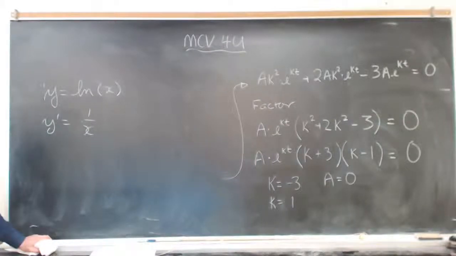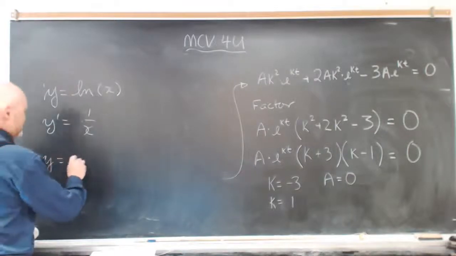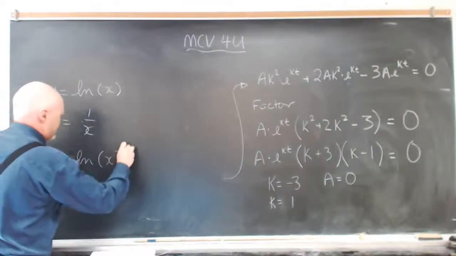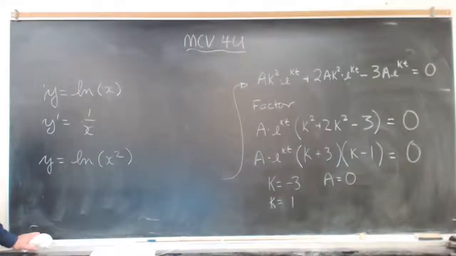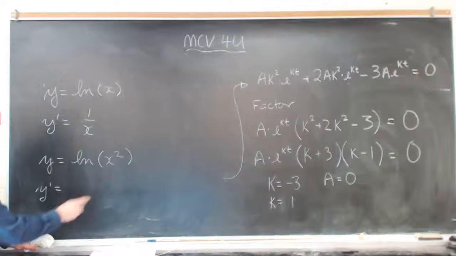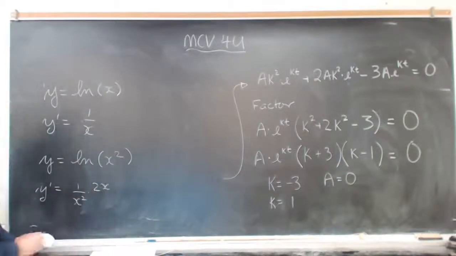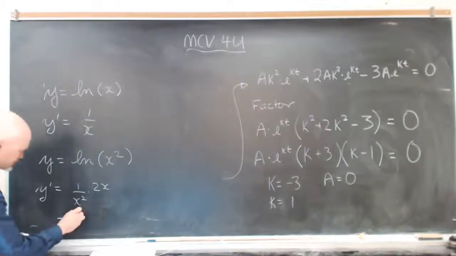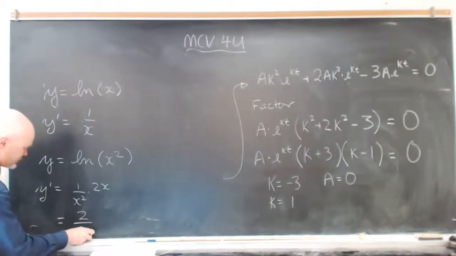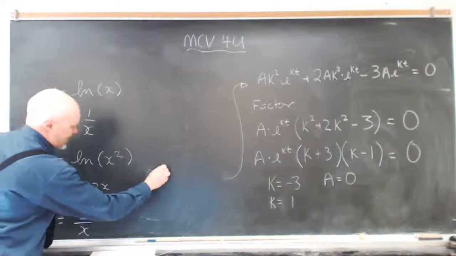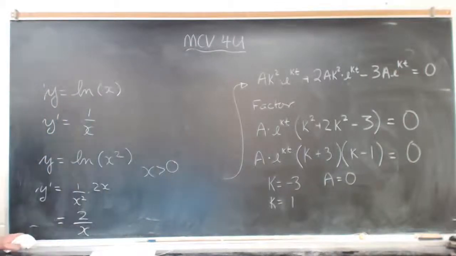So the derivative of the log function is just the reciprocal function, and then you can do this by chain rule. So it's 1 over x squared times 2x, which actually just simplifies to 2 over x. And of course, if it's a logarithm, x always has to be greater than 0. So we don't have to worry about zeros on the bottom.